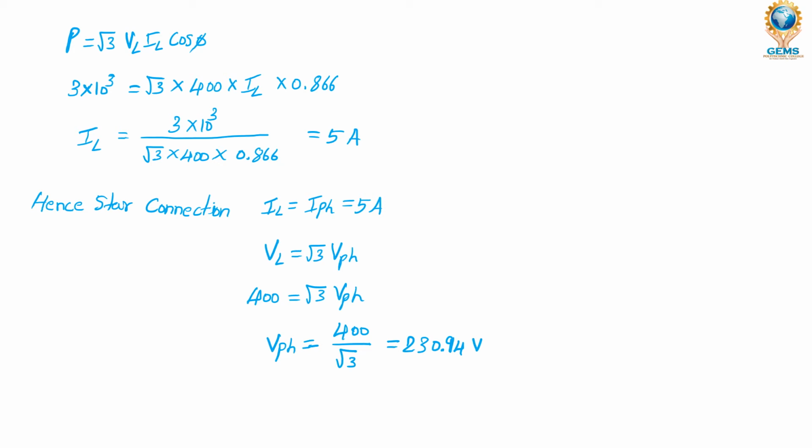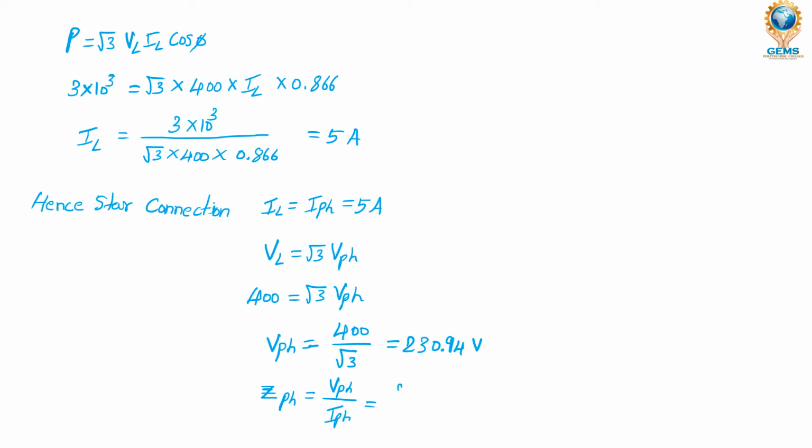Next we have to calculate the resistance. Before calculating resistance, we will calculate the impedance. Impedance is Z. Z phase, we have the formula impedance equals V phase by I phase.